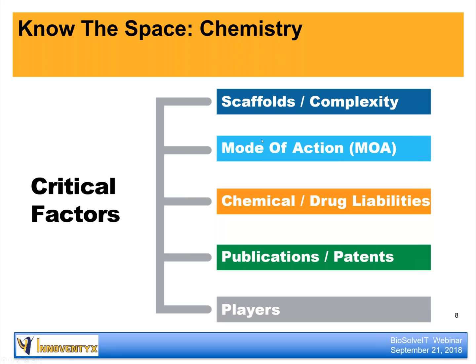And we're going to be talking about that a little bit later in the presentation. In the same way, we want to know how they influence the biological target, what the mode of action is, and the mode of action can be in different ways. Sometimes it can be known, sometimes it can be new. But knowing how they influence the biological target is critical.